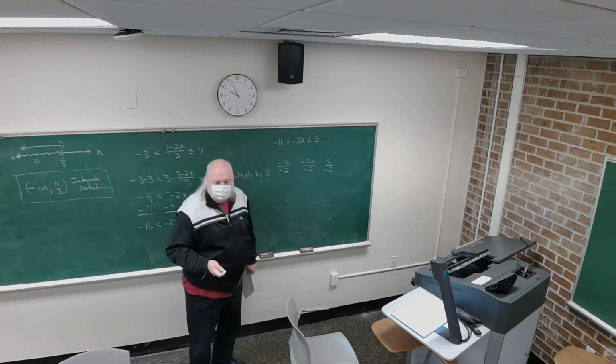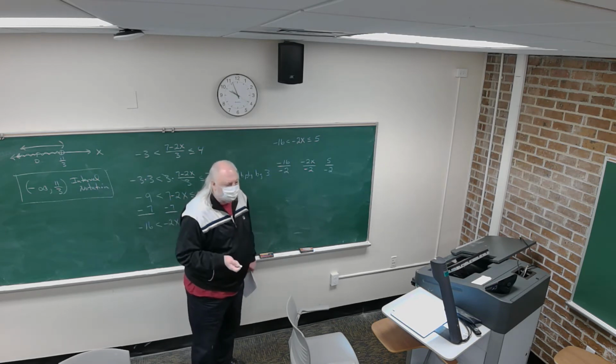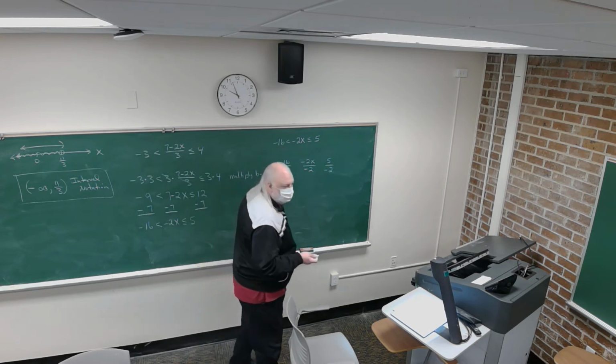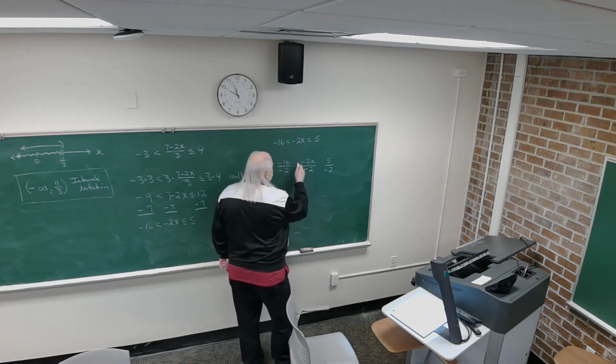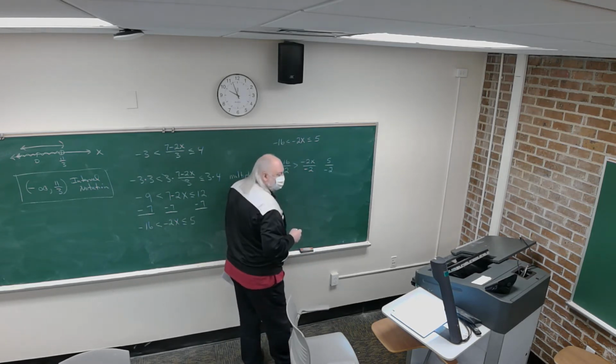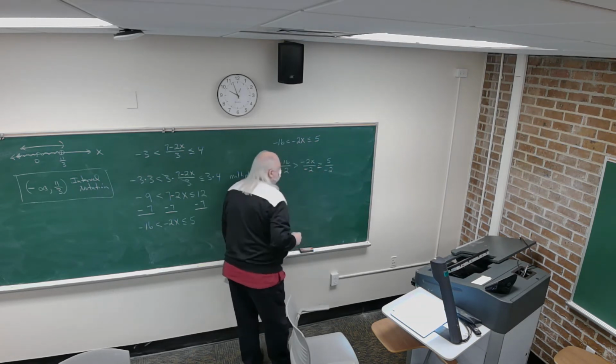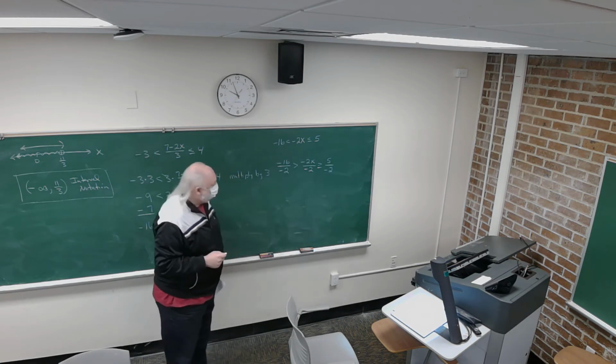So since I'm dividing all three sides by a negative number, what do I got to do? Yeah, flip the inequality symbols, right? So less than gets flipped to greater than, less than or equal to gets flipped to greater than or equal to, right?